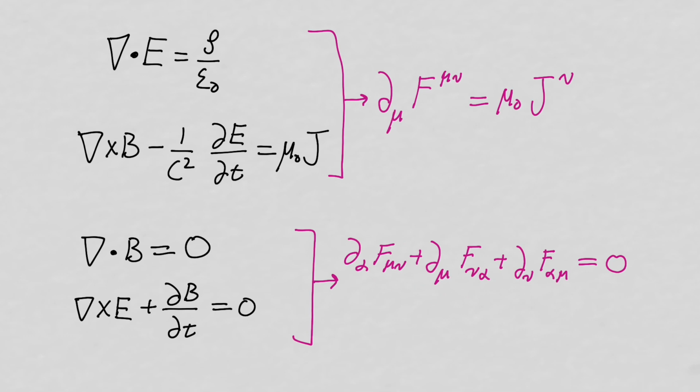I can write this as, I think, partial alpha F mu nu, and then if I put brackets like this, I think we're compressing this notation using these brackets that symmetrize things. So I've definitely reduced pen strokes. I've increased information density at the expense of having to know the definition of this, right?